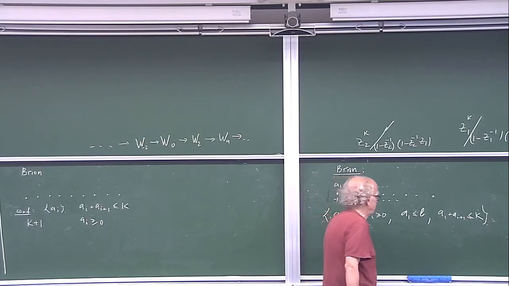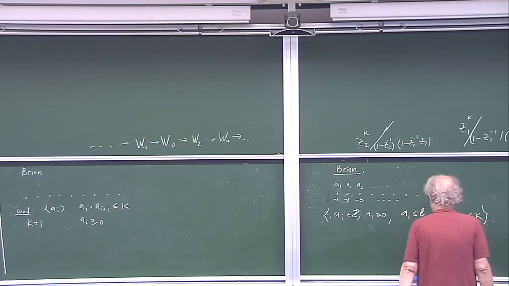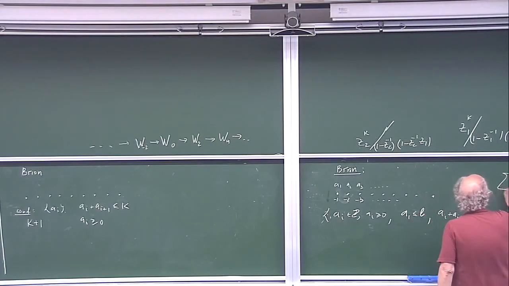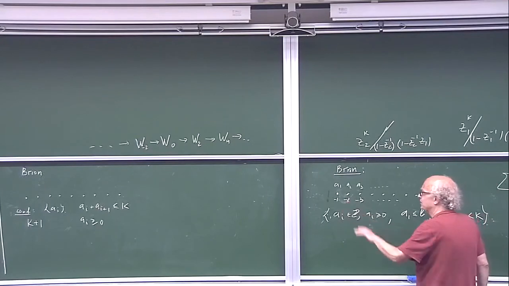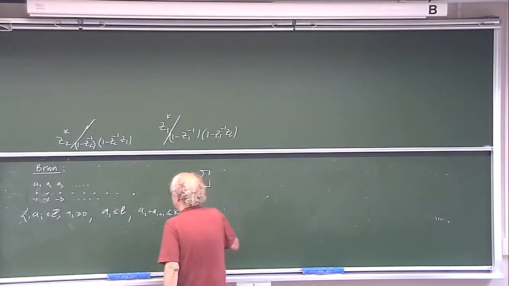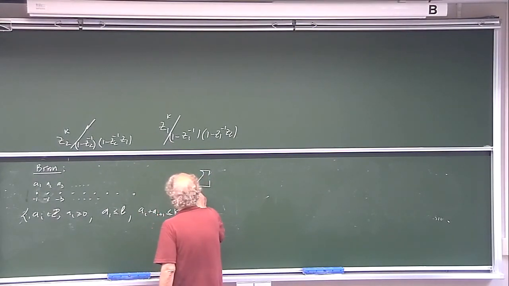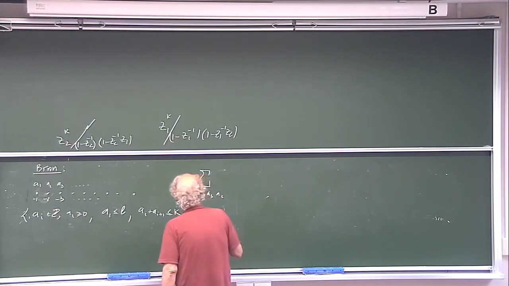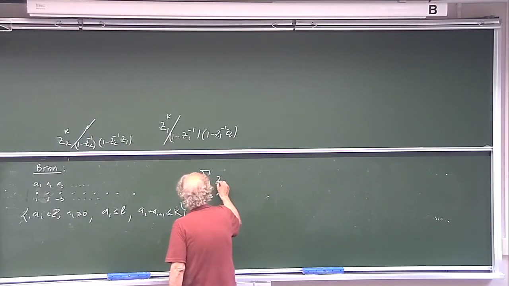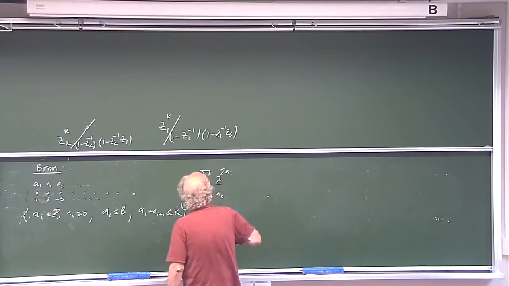After that, if I want to write down the character, it will be just without these tricks with infinity and so on. The character will be a summation over A1, A2, A3, and so on, AS, of Z to the power of the sum of A_i.